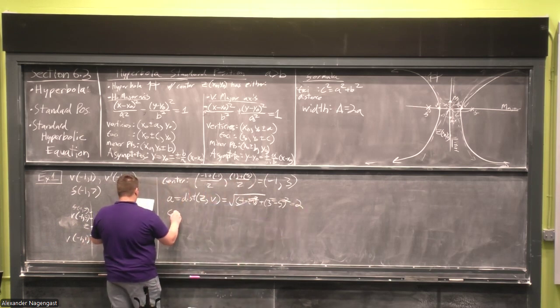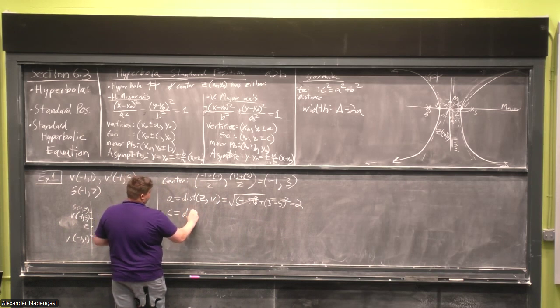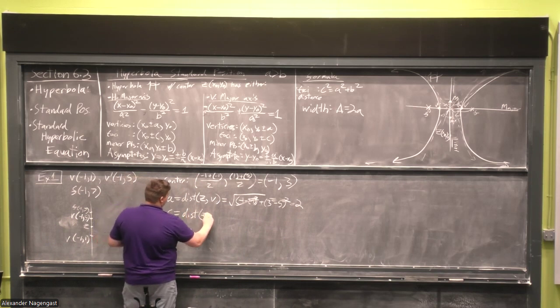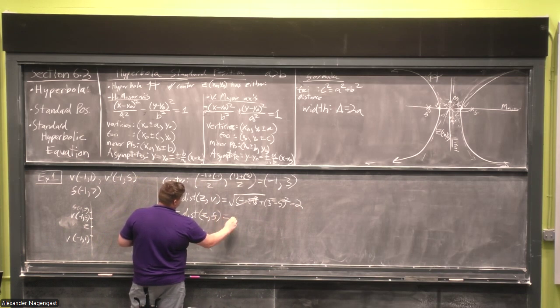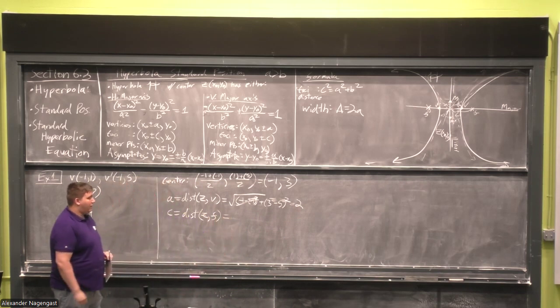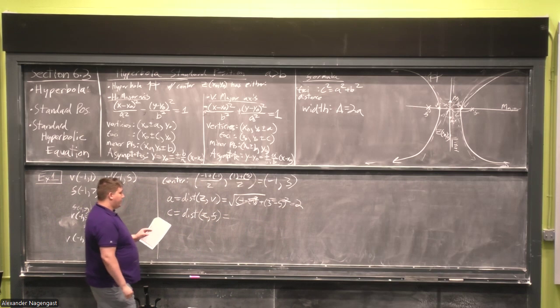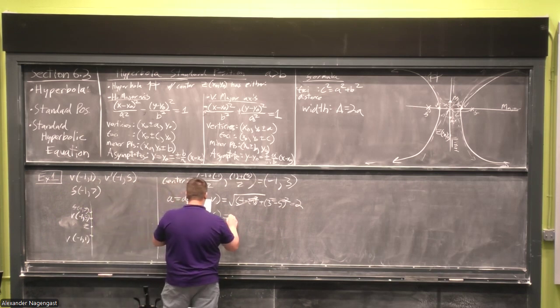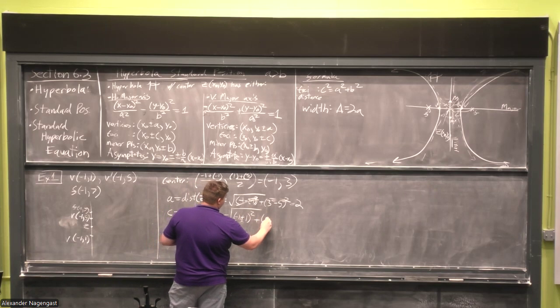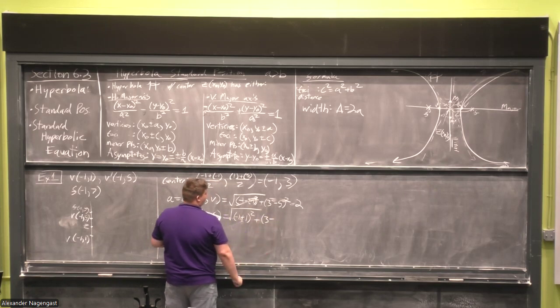c is equal to the distance between Z and our F, so our center and our foci, which we can write as the square root. Again, we'll have -1 minus -1 squared plus 3 minus, what's our foci at?